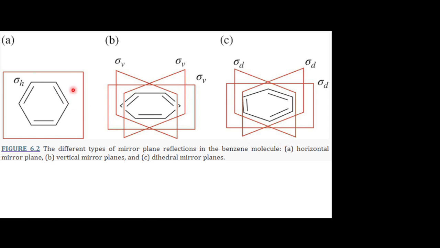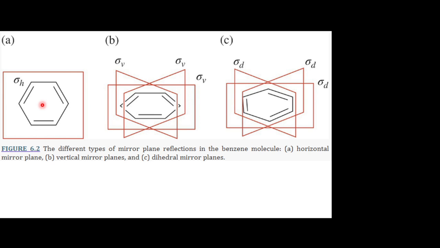So this right here would be the horizontal plane of reflection, or plane of symmetry. This is that plane of symmetry that you may remember from organic chemistry. Remember the rules for diastereomers and enantiomers mentioned planes of symmetry. These are the planes of symmetry. So this one right here is horizontal. Your primary axis is coming out towards you, right where my dot is.